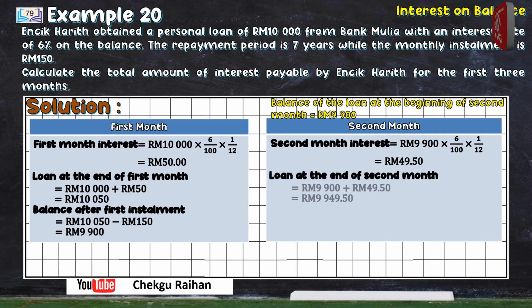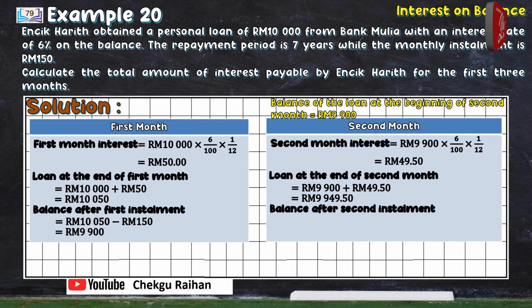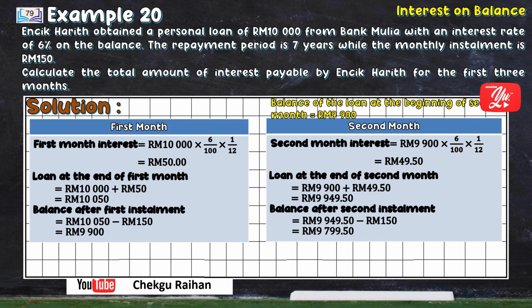Loan at the end of the second month will equal to Ringgit Malaysia 9,949 and 50 cents. Balance after the second installment equal to Ringgit Malaysia 9,799 and 50 cents. Let's see for the third month calculation.